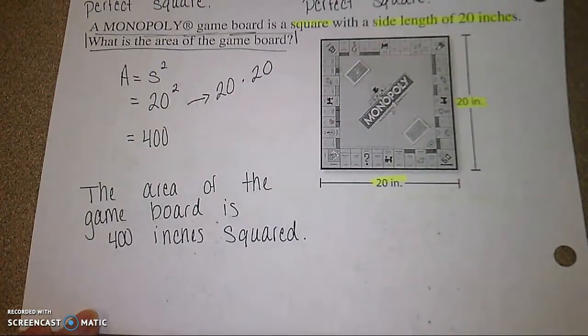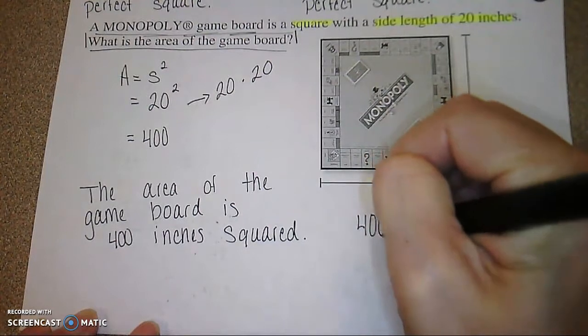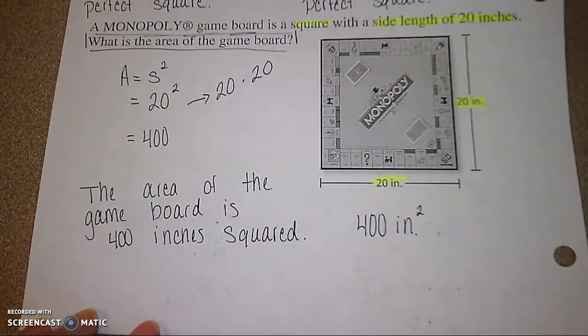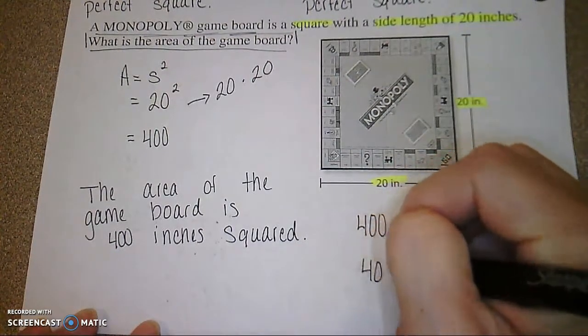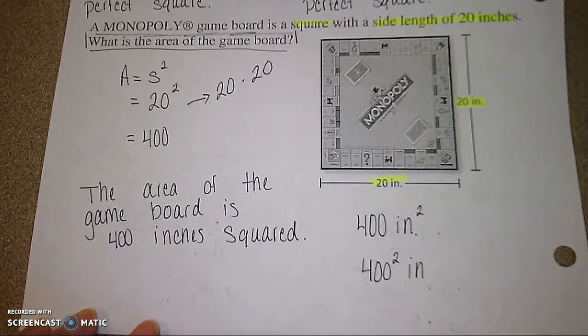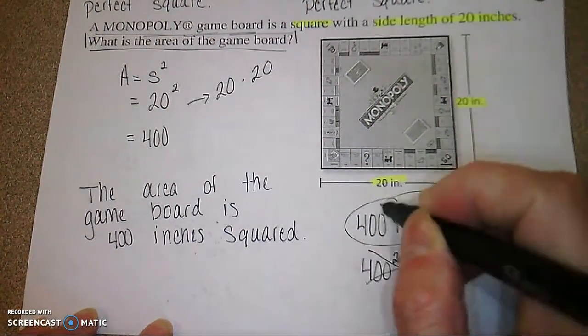Now, if you wanted to simplify that 400 inches squared, you could write it like this, 400 inches squared. However, you cannot write it like this. That would mean that we're taking 400 squared and labeling it with inches. So this one is a no, this one is a go.